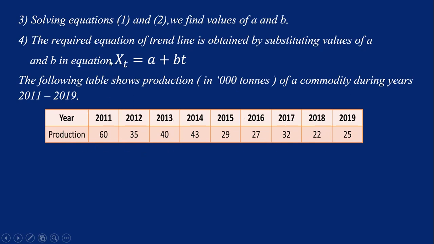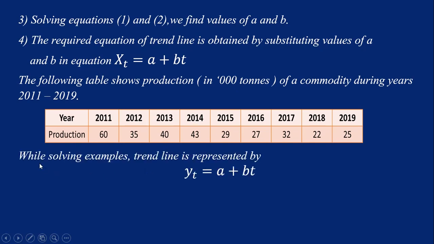And xt is for production, and production is 60,000 tons, 35,000 tons, 40,000 tons, and so on. Now we have to get the trend line equation, we require values of a and b, but if we observe these values of t, these are 2011, 2012, and so on.